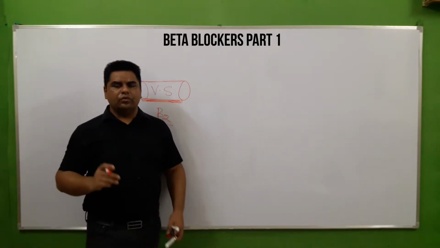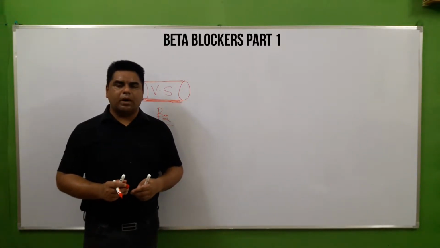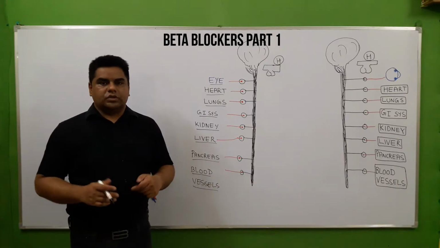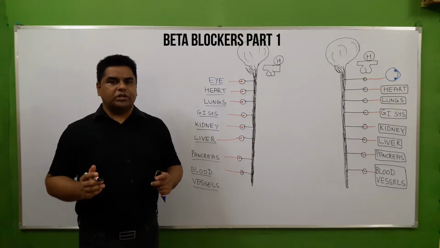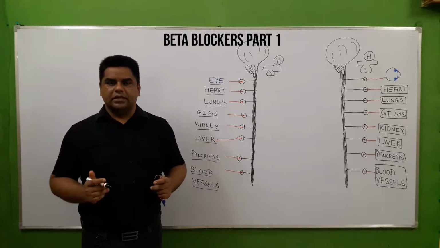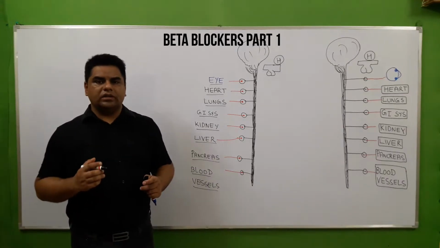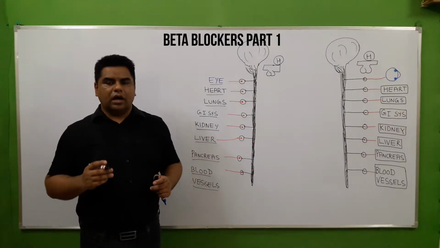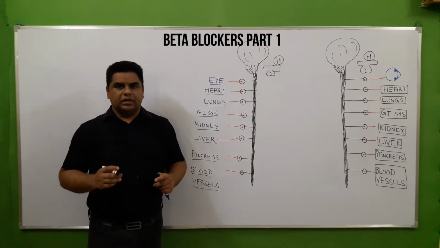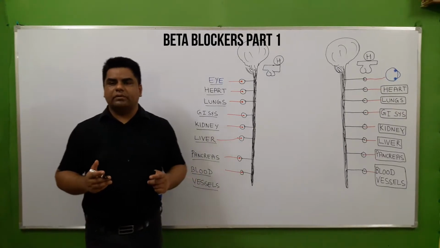Now we will move to the next section, in order to understand more about beta blockers, the mechanism of action. After the discussion of the different types of receptors, you can see behind me on the whiteboard that now we are going to understand the mechanism of action. What do these beta blockers really do in our body?